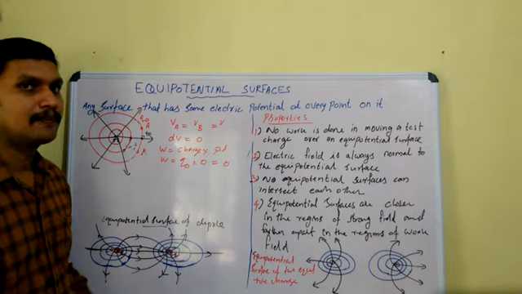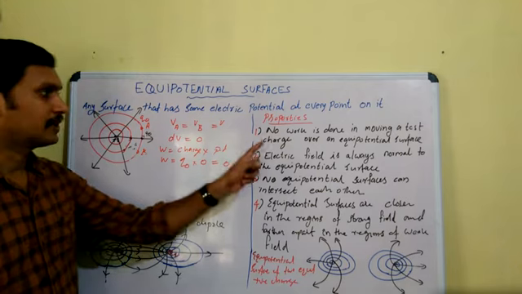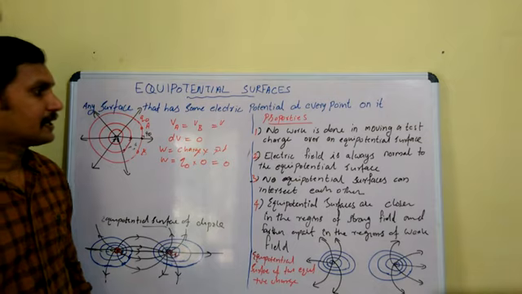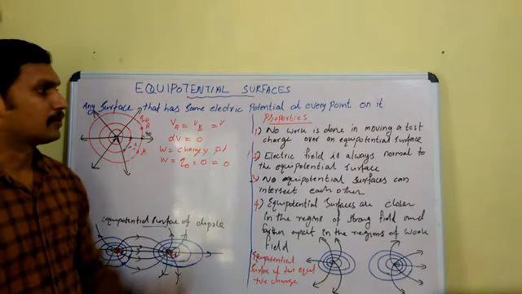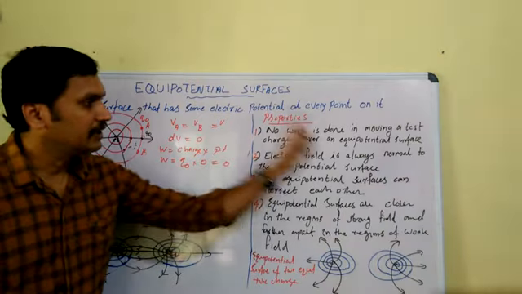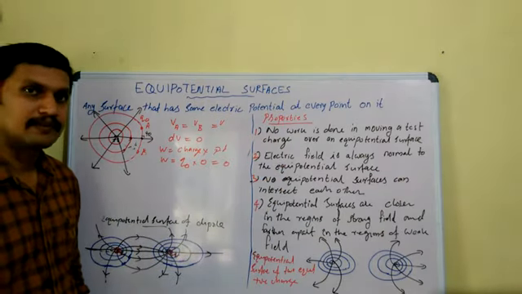Normal means perpendicular. We see two properties. One is that no work is done in moving a test charge over an equipotential surface. The second is that the electric field is always normal to the equipotential surface.